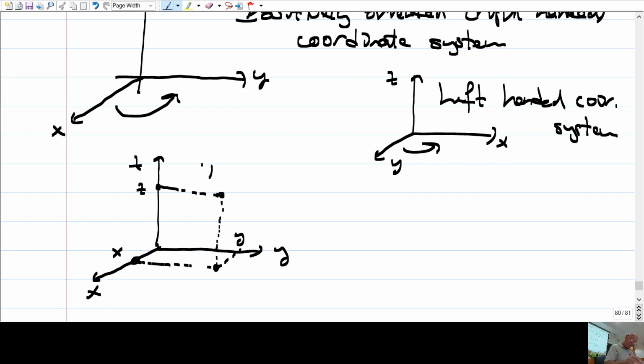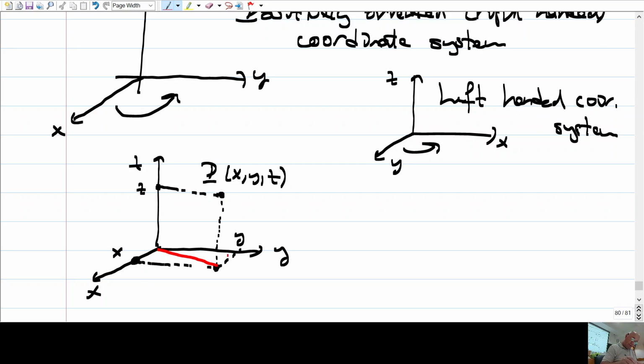So at this point, let's say P, the point P has coordinates x, y, and z. Well, of course, we may compute some distances. For example, what is this distance?